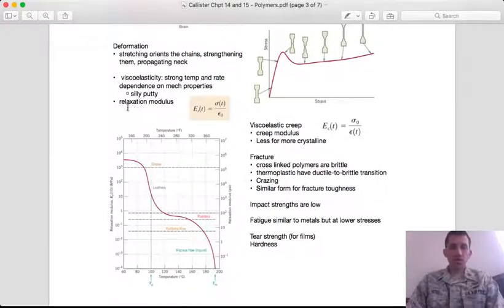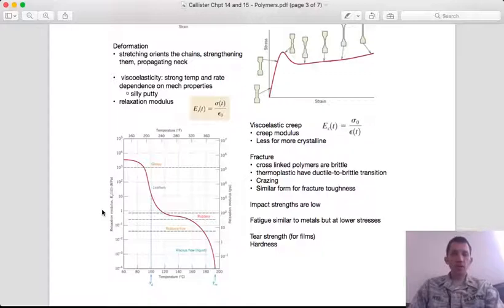So the polymer chains in the material are able to adjust and remove that stress. So it accommodates the strain that you have put it under. And the relaxation modulus, right, the ability of this time-dependent relaxation of the stress to occur is very temperature-dependent because it relies on the movement of these polymer chains to accommodate a given level of strain.